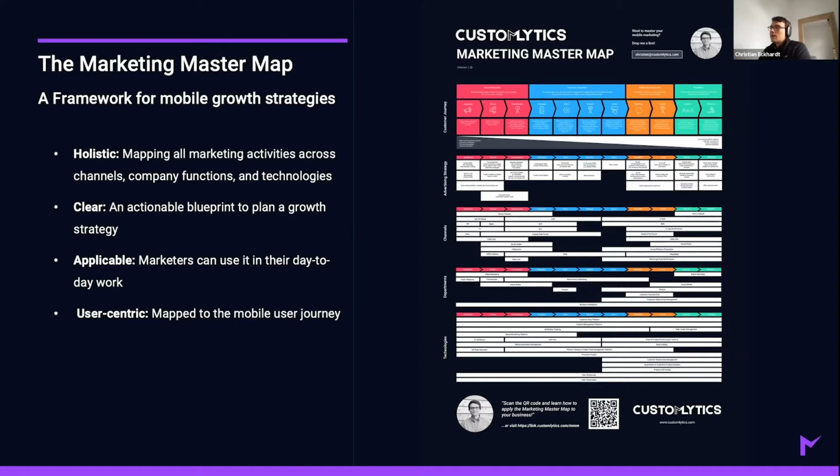If you look at companies that succeed in the space, and I'm not just thinking of the famous quote from Jeff Bezos that you have to be customer obsessed, what they have in common is that they are customer centric, and that's what we try to replicate with this framework, which is very much a result of our day-to-day client work in the mobile space.